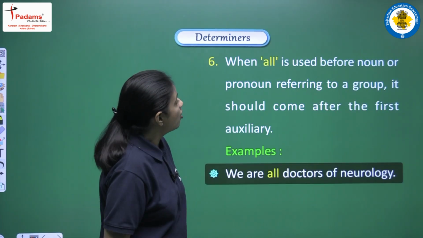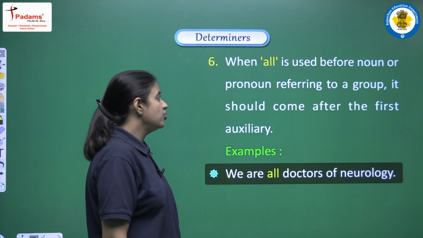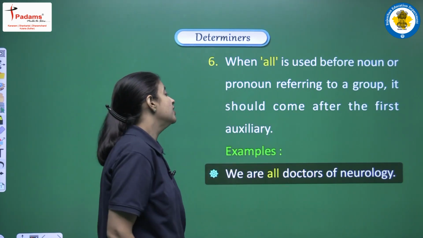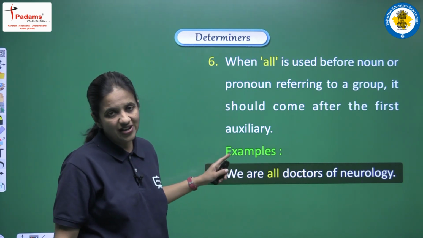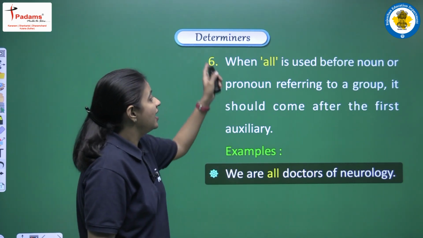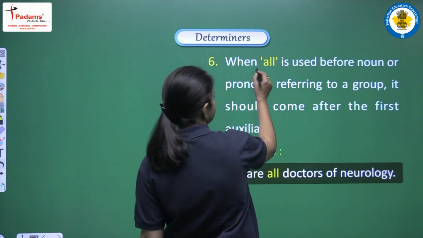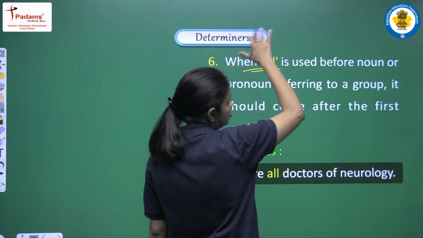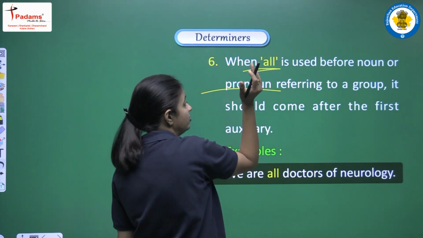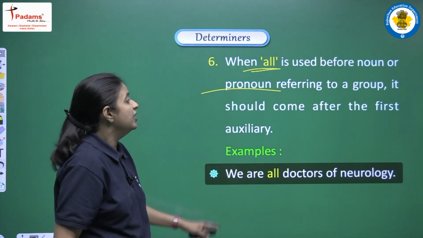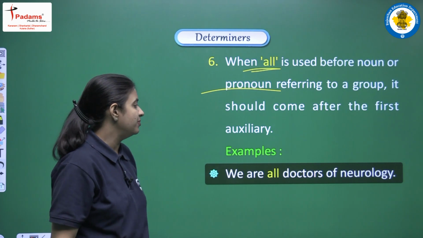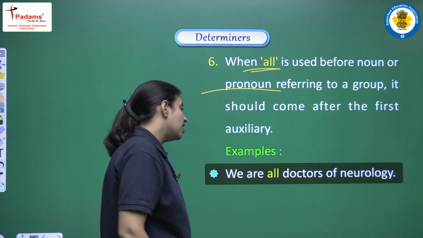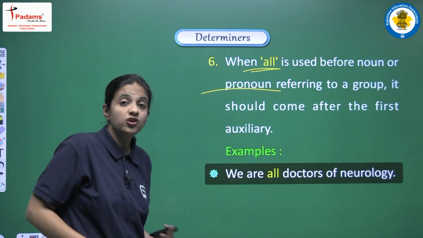Next is, when all is used before a noun or pronoun referring to a group, it should come after the first auxiliary. So again we have one more structure here: when all is used before a noun or pronoun that is referring to a group, it should come after the first auxiliary. Like in this example, we are all doctors of neurology.